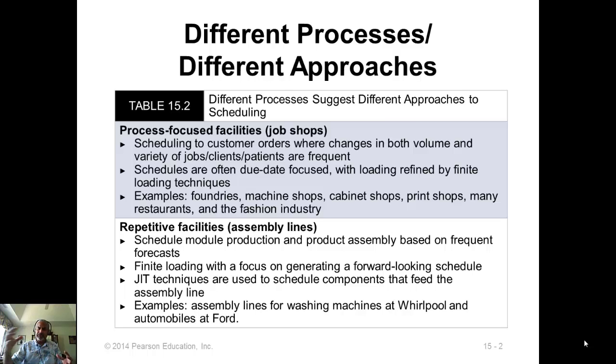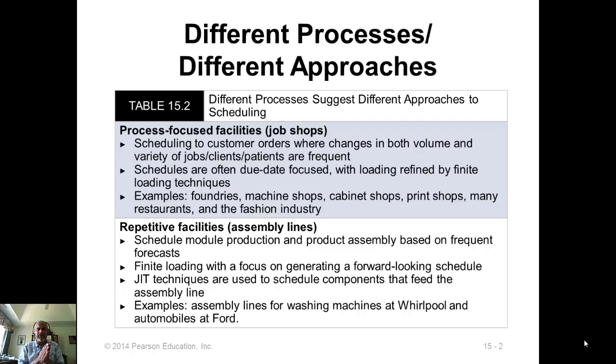So when customers place an order, the highly skilled workers will manipulate the general purpose machines to produce products that meet customer specifications, whatever they may be. So a very high level of customization is involved in this environment, and typically orders are processed after they are received. So that's what a job shop will be like.